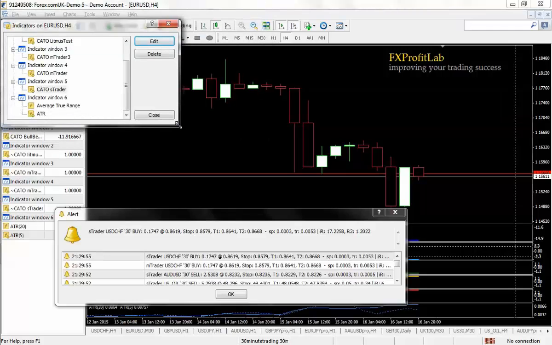And now you won't get any S-Trader alerts on the Euro-Dollar 4-hour. So you can zone in on specifically what you want. If you say, I'm cool with only having the M-Trader alerts, then that's the only thing I'm interested in.